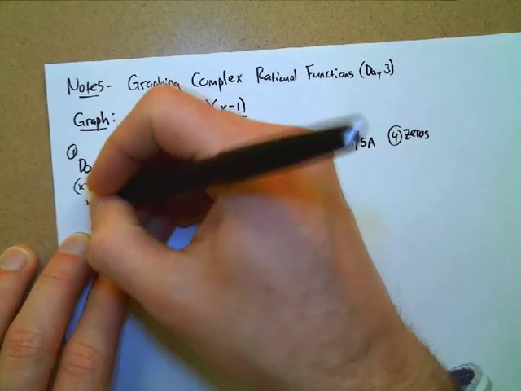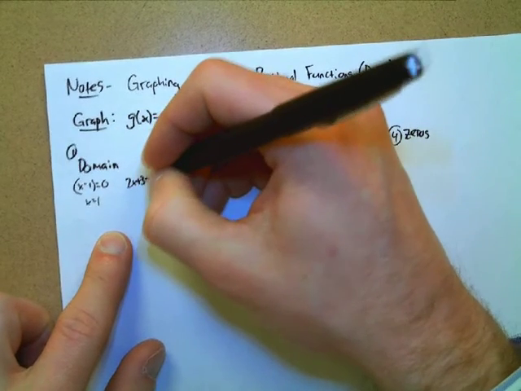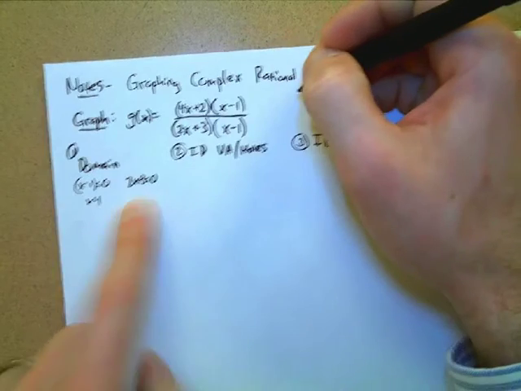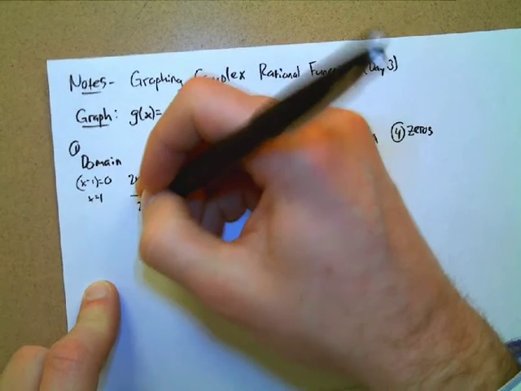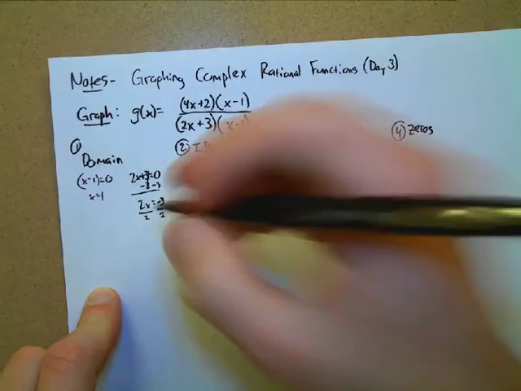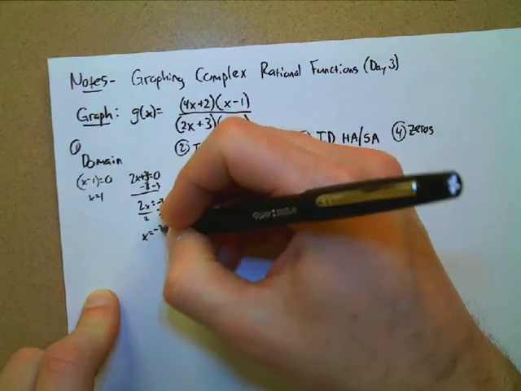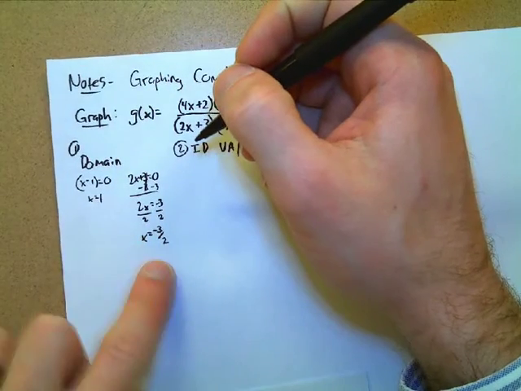We also don't want that 2x plus 3 to equal 0 either, and so we can subtract 3 from both sides. We get 2x equals negative 3. We'll divide both sides by 2, and so we get x equals negative 3 over 2. So these are our 2 domain restrictions.